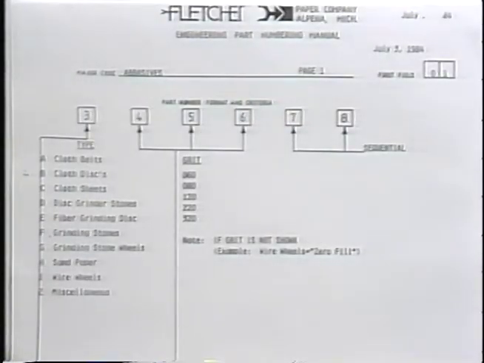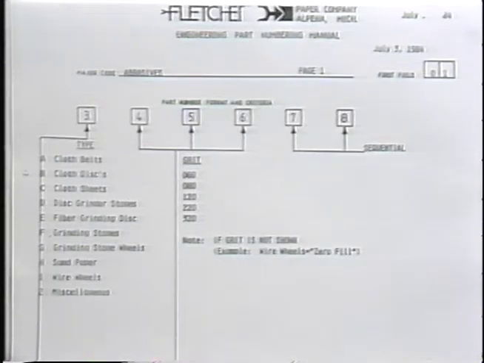The 3rd field is the grit relative to abrasives. Since the grit number did not exceed 3 digits, then the digits 4, 5, and 6 would represent the grit of that particular abrasive.